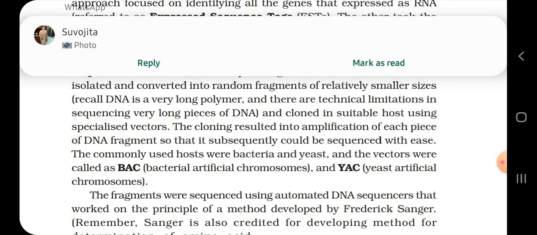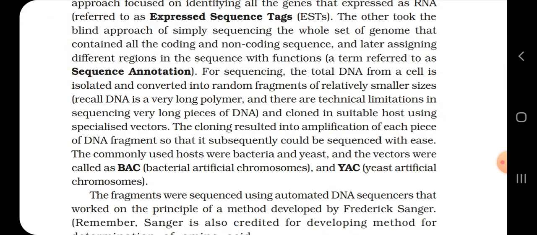Now, these fragments were then sequenced using automated DNA sequencers which worked on the principle of the method which was actually developed by Frederick Sanger for sequencing, right? These automated DNA sequencers actually automatically put the particular genes in their order.